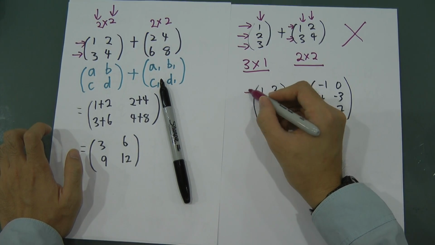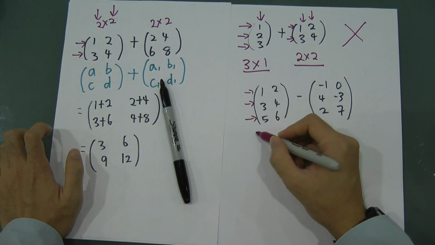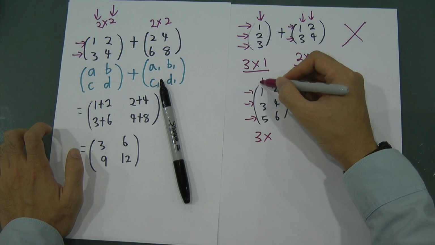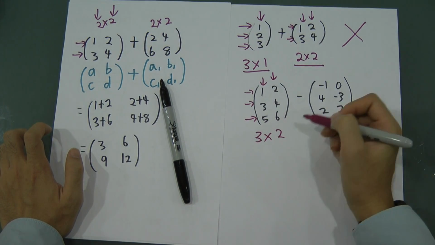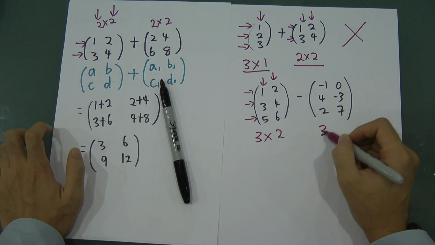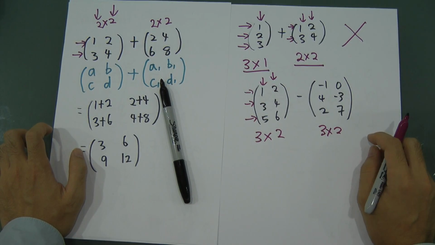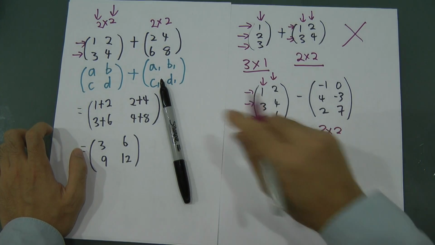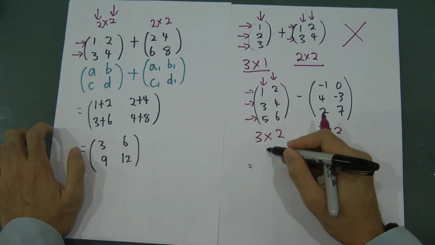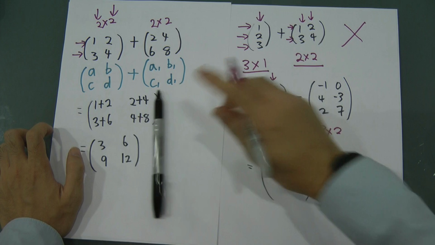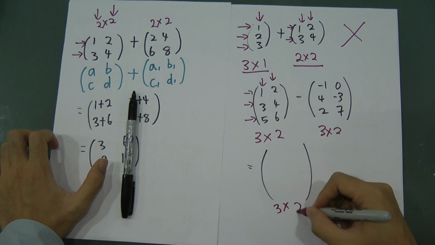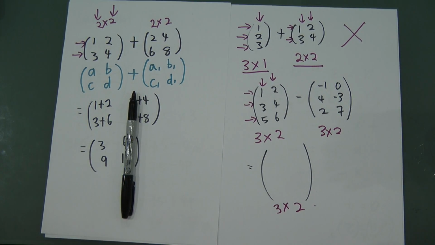We count 1, 2, 3 rows, so it will be 3 multiple 2. And the other one is exactly the same, 3 multiple 2. When both are 3 multiple 2, I know my answer will be 3 multiple 2 as well. Okay, this is something simple but very important about the matrix.